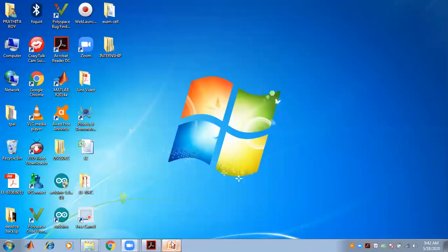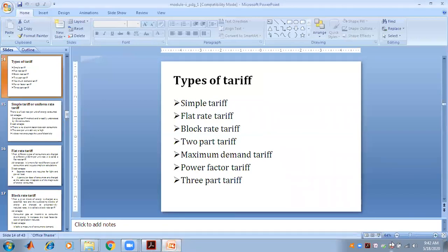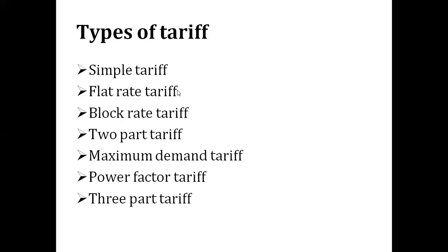Tariffs can be classified into categories like simple tariff, flat rate tariff, block rate tariff, two-part tariff, maximum demand tariff, power factor tariff, and three-part tariff. Today our main focus will be on the simple tariff, also called the uniform rate tariff, the flat rate tariff, the block rate tariff, and the two-part tariff.